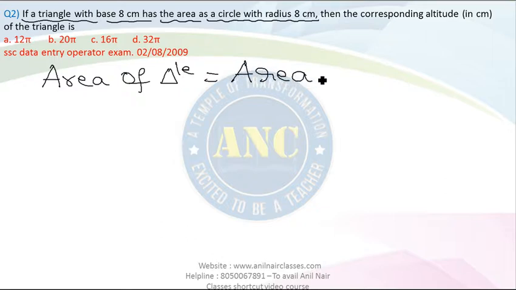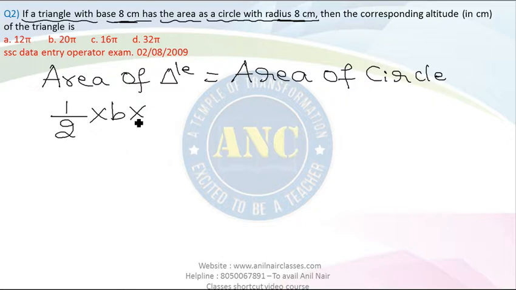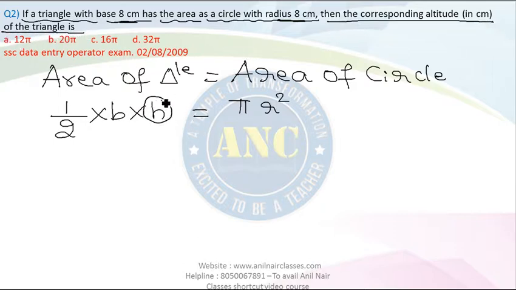Area of triangle is similar to area of circle, and base of triangle is given as 8 centimeter, radius of circle is given as 8 centimeter. That means area of triangle is half into base into height, and area of circle is pi into r square. Find the corresponding altitude of the triangle.